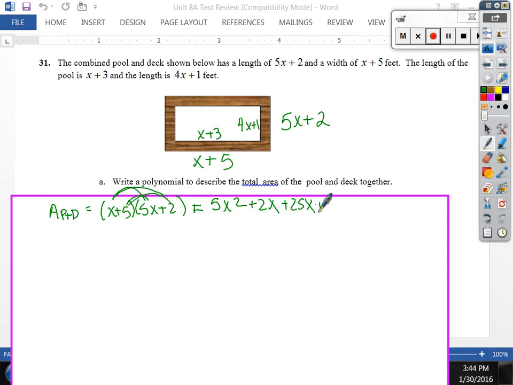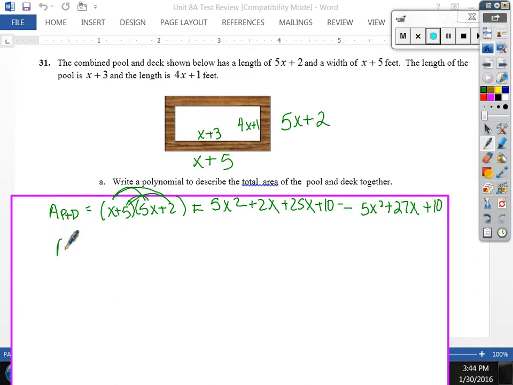And 5 times 2 is 10. So that gives me 5x squared plus 27x. Whoops, hard to read, sorry. So 5x squared plus 27x plus 10.